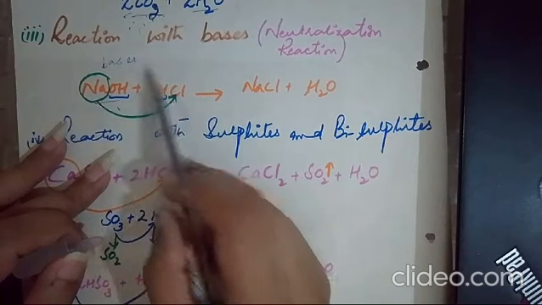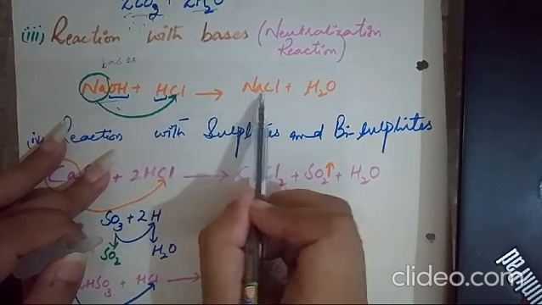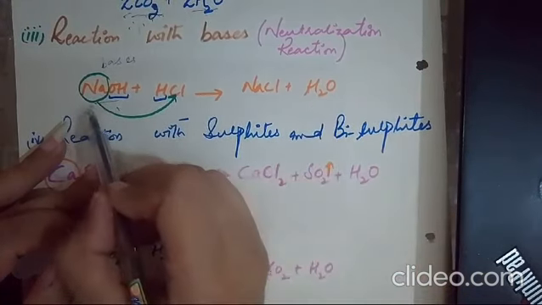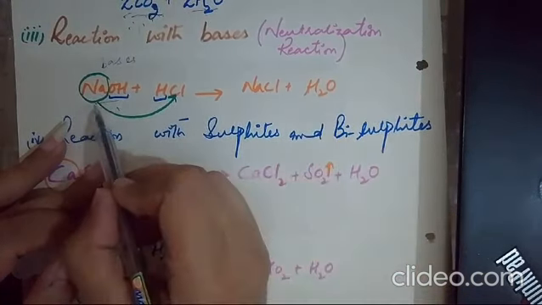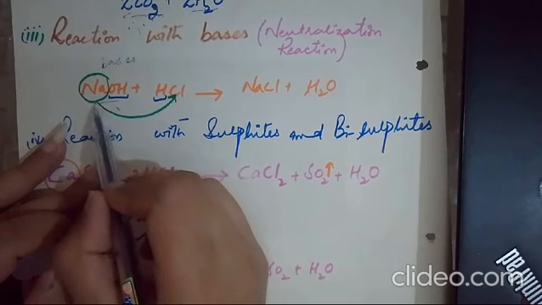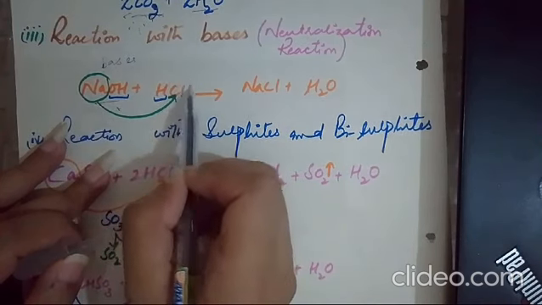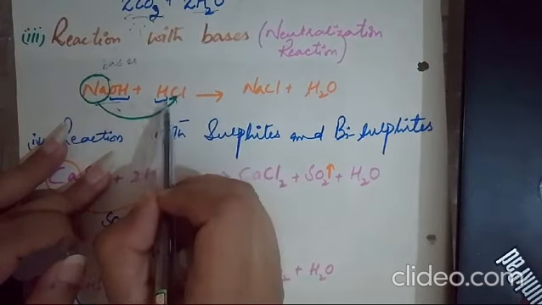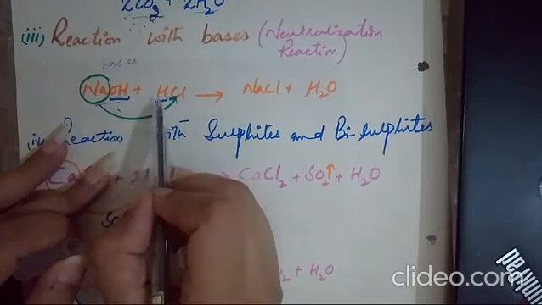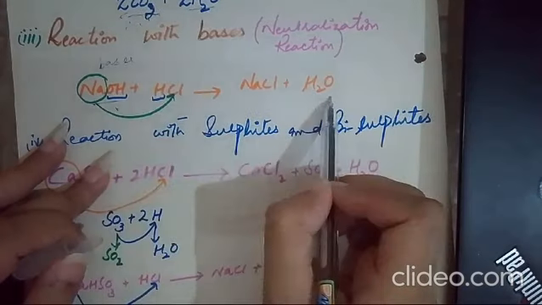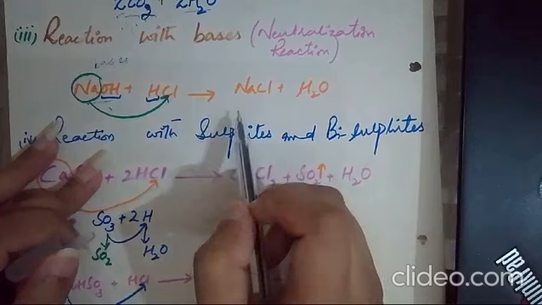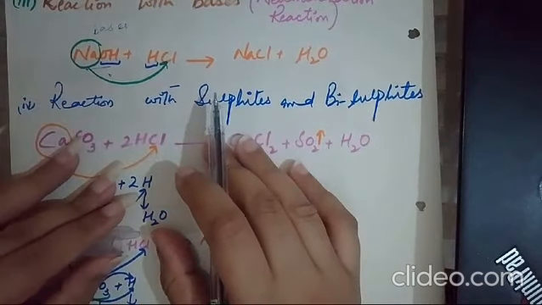When acid and base combine together, salt is formed and water is formed. Again, similar mechanism. The first element goes towards the last one and forms NaCl. H and O combine to form a water molecule. In this way the neutralization reaction occurs.